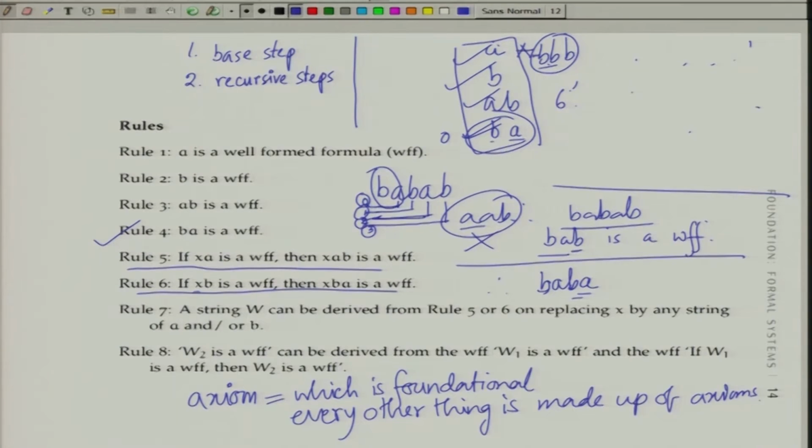We want to stop BBB. It will look like: if BB is a WFF, so is BBA. Now you see, you cannot even make BBB here. So BBB as a string is prohibited even at the level of rule 6 or rule 5, at the level of the implication rule.